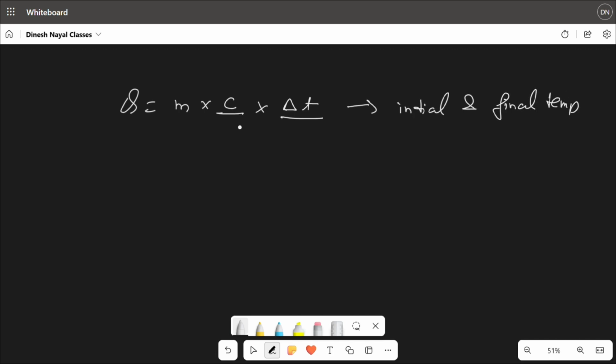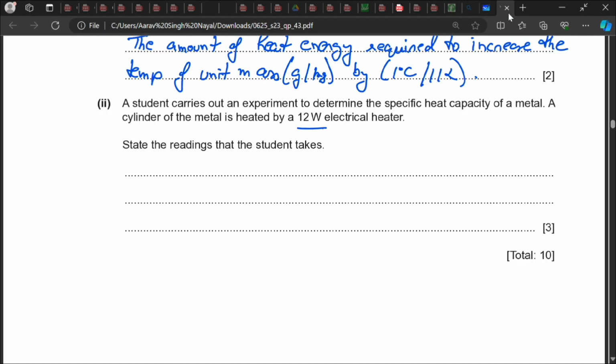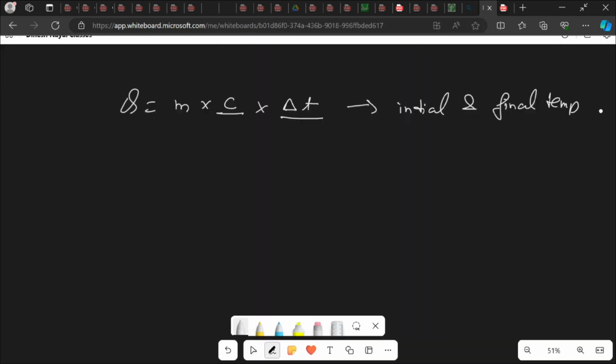Okay, so delta T is what? Initial temperature and final temperature. Okay, just write our first point is initial and final temperature.